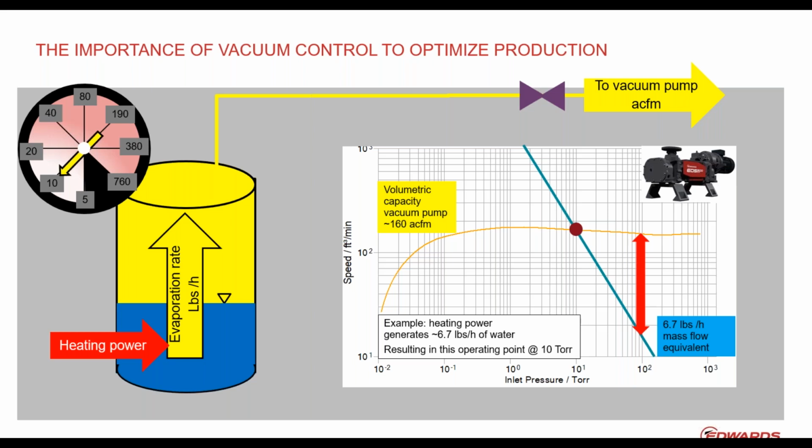It's just going from right to left and just going up. The point where the mass flow crosses the volumetric capacity curve of your pump is typically your operating point. It's the design point for the pump, and we come back to that in the second webinar, how to design that.